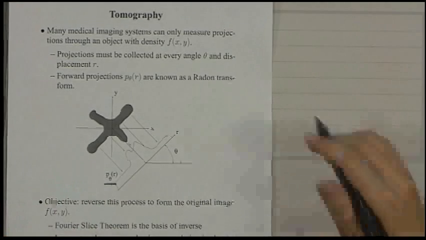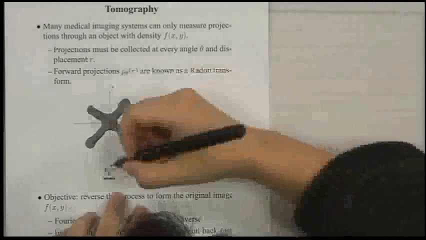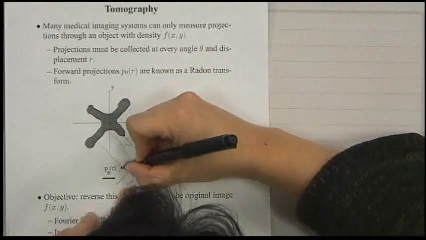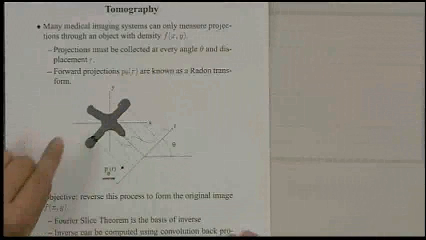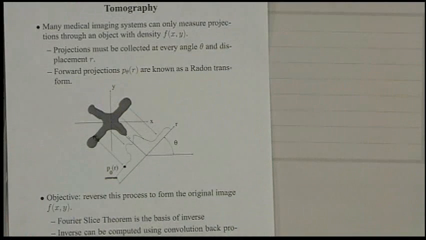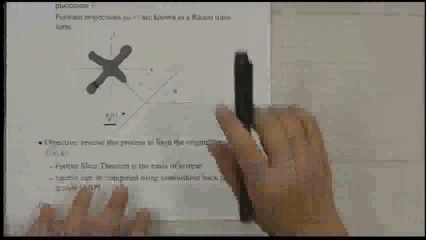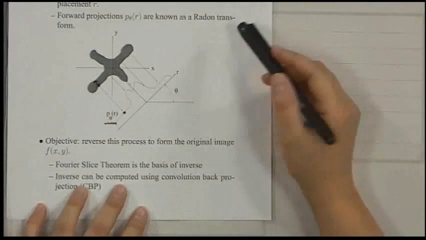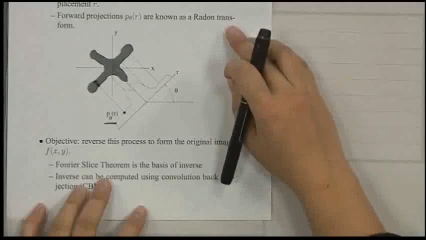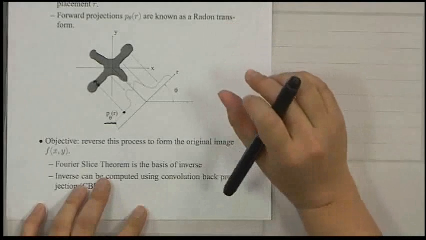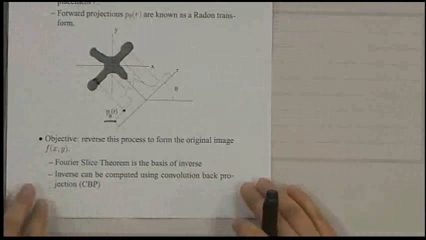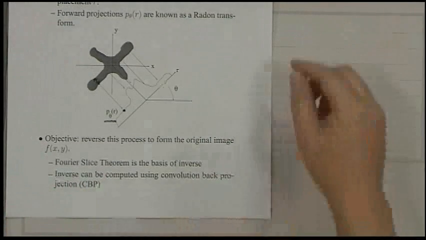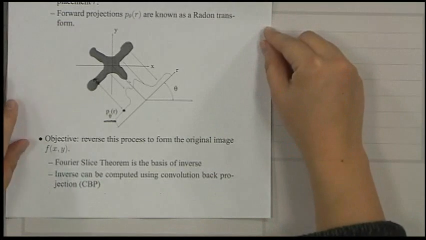So, for example, this value corresponds to the integral along this line. And then this forward projection P is known as a Radon transform. So if you hear the term Radon transform, this means just projections. Okay, this is just review from the last week.